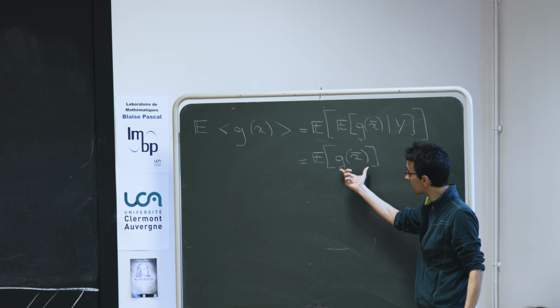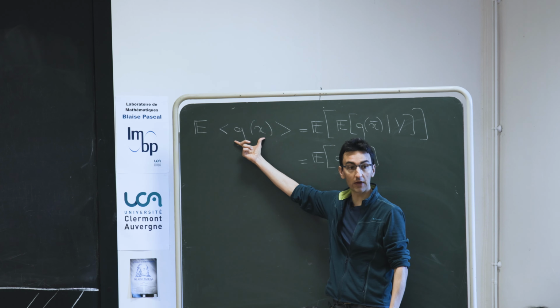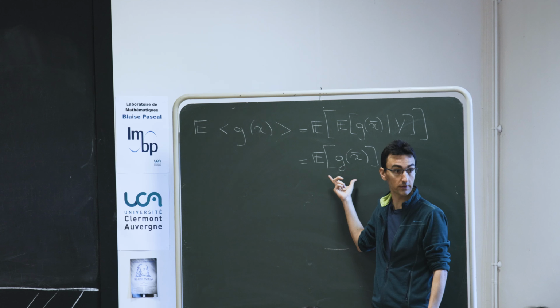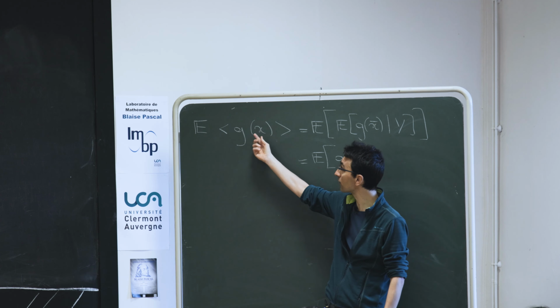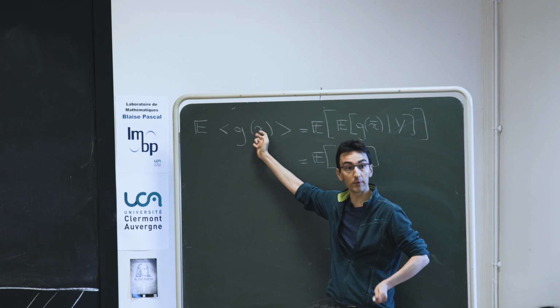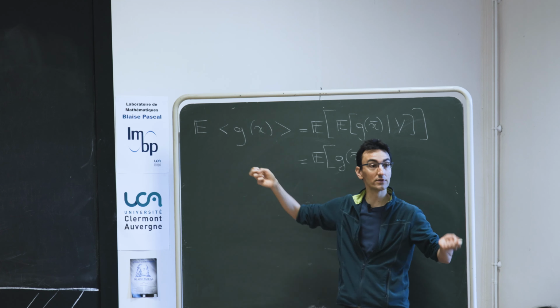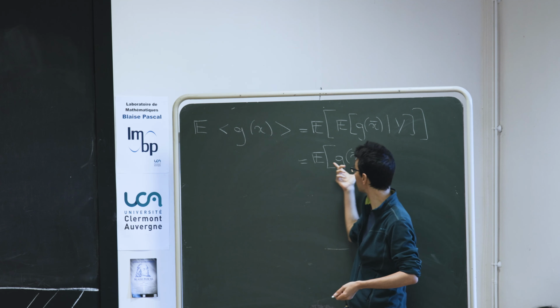I stress that this thing is not the same as that bracket, but after you take expectation, they give you the same thing. Remember, sometimes you should think of x as being equal to x bar, sometimes as an independent sample from x bar, and in general, x is something in between these two cases, but it satisfies this property.